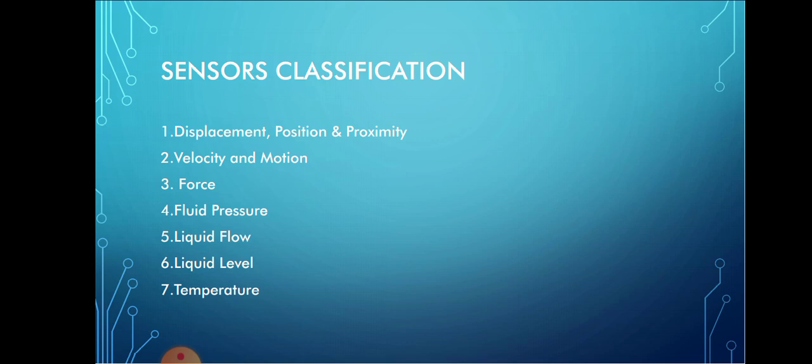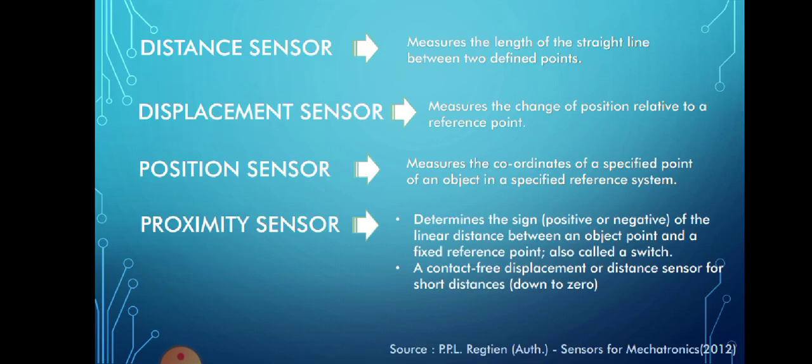As I said, non-electrical quantity is pneumatic type or hydraulic type. Pneumatic type is related to pressure and flow, and hydraulic is displacement, position, velocity or motion. These are the classifications given on the basis of input provided to sensors.